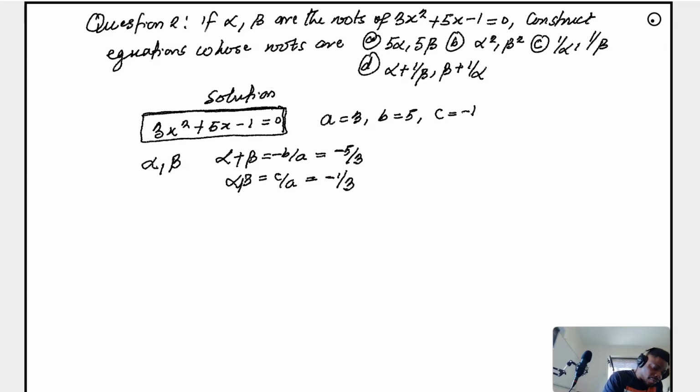So we have identified the sum and product of the roots for this equation. So now let's go to the question. The question says that you should construct a quadratic equation given that these are the roots. And remember, when you are constructing, you always use this formula, variable square, right?